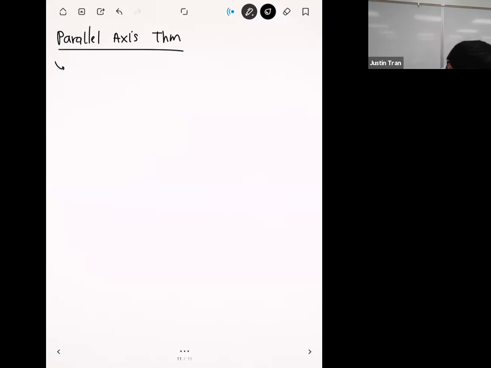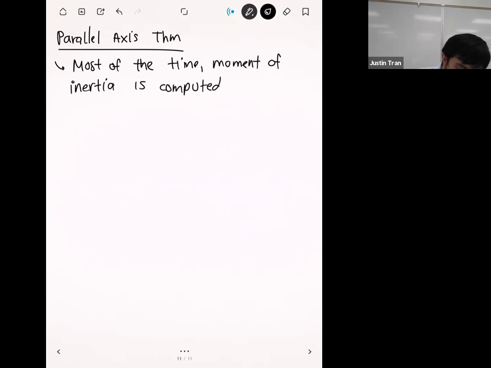Because in the classical equation, the one that we have on the previous page, the moment of inertia is computed assuming that the axis of rotation matches up with the center of mass.